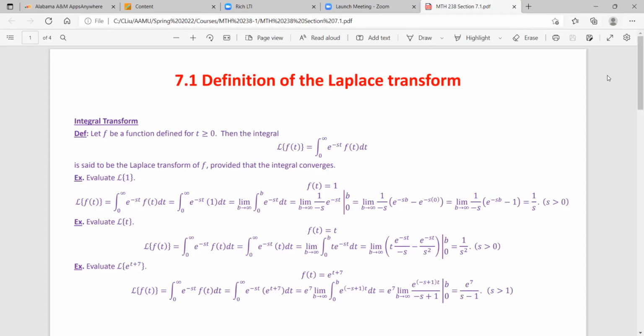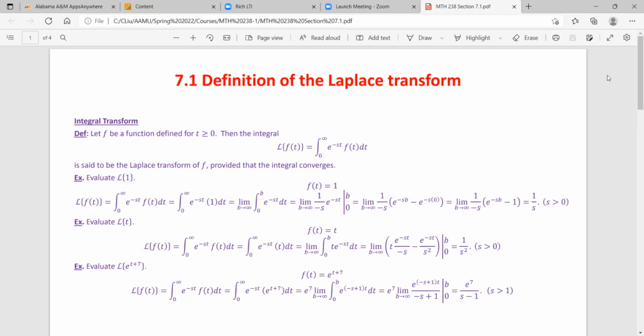So this whole thing is said to be the Laplace transform of f, provided that the integral converges. What does it mean by convergence? It means the integral makes sense. Remember in Calc 2 when you learned improper integrals, we have an infinity in the upper limit of integration.